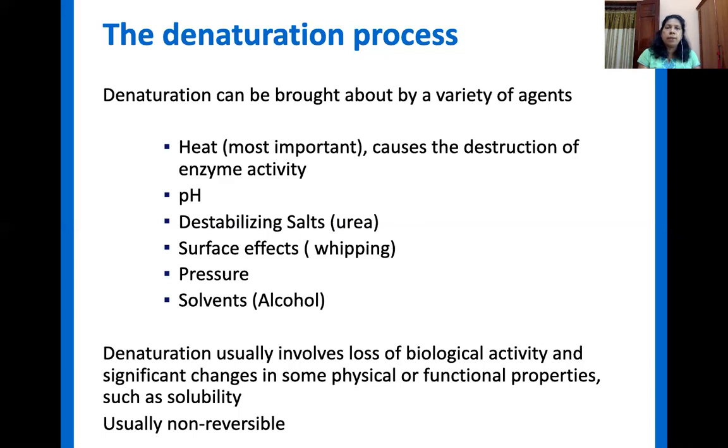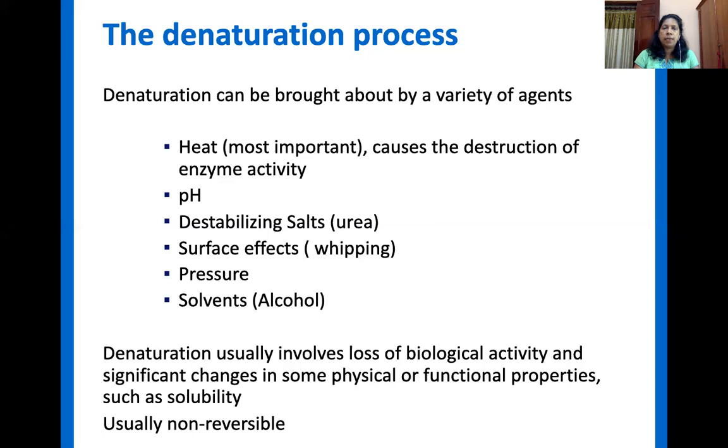For example, with meat, fish, or boiled egg, we can't take it back. The other thing is that after denaturation the biological sites are very active, and however it's easy to digest. Therefore, heat is really important.